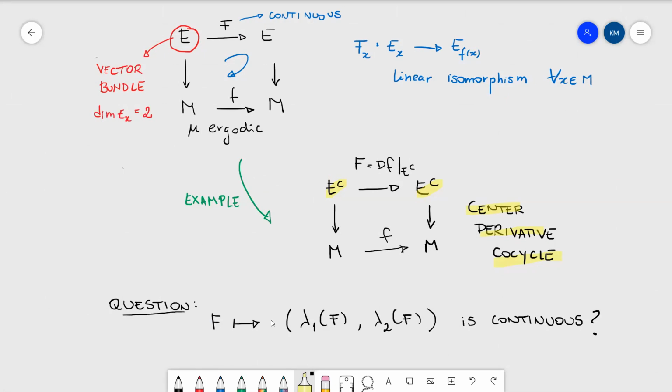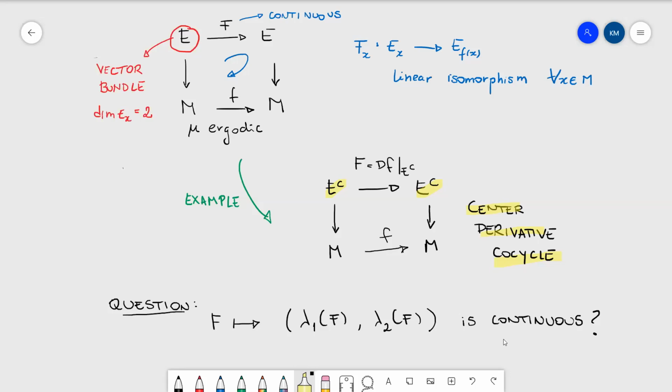There is a very important difference: in this second question, my base f is fixed and my vector bundle is fixed. I'm only perturbing my map F. When I'm studying the center Lyapunov exponent of a partially hyperbolic map, I'm doing this for this map. So when I perturb my map, I am actually perturbing the base, and I'm also perturbing the vector bundle here, because all of this changes when I change my Df. So this is not exactly the same question as before.